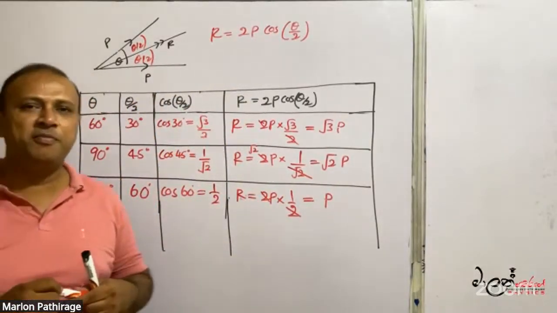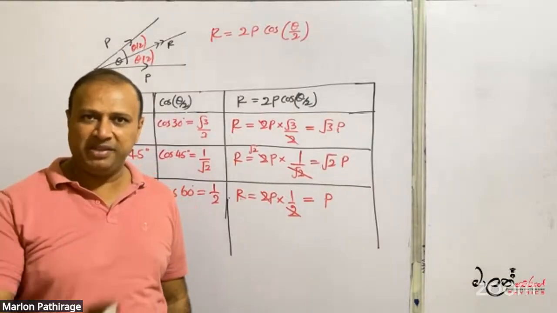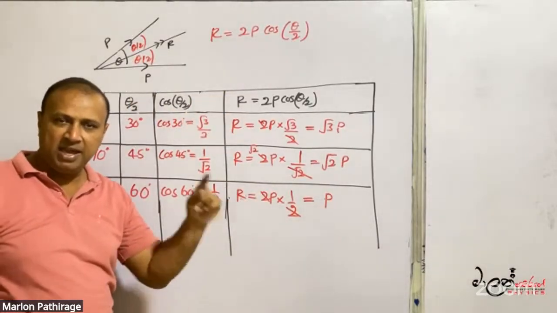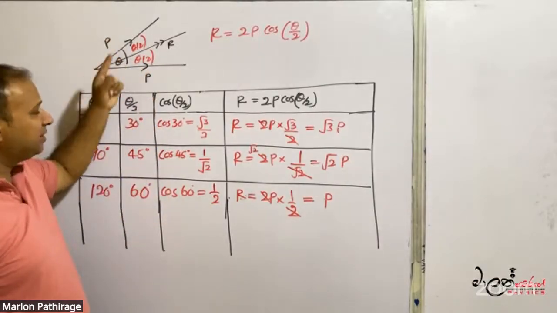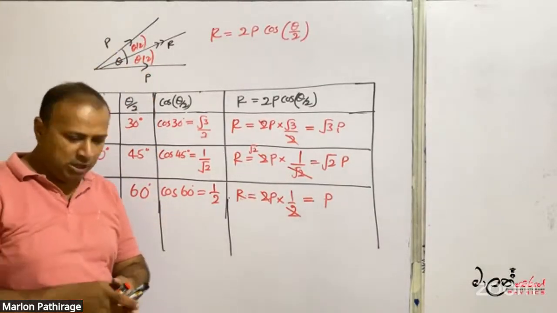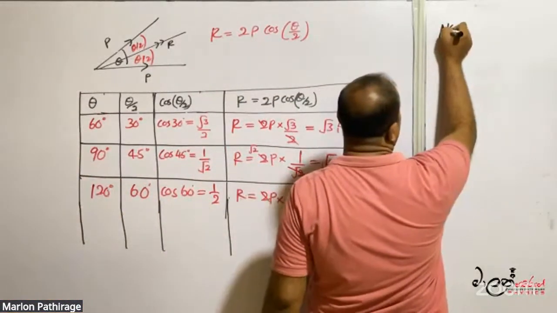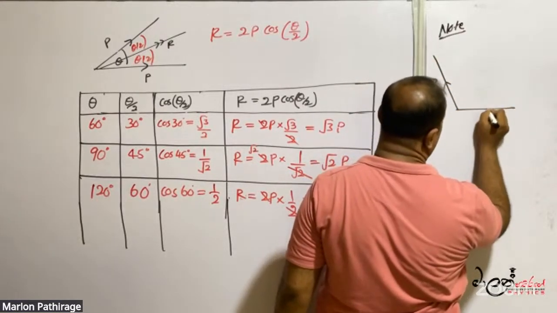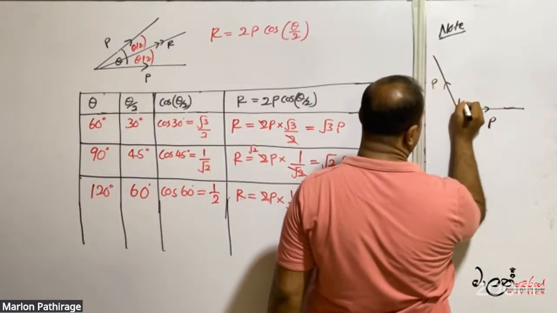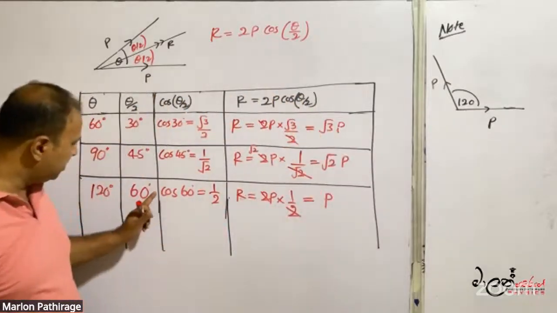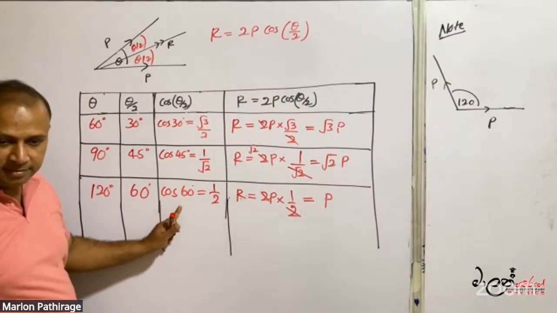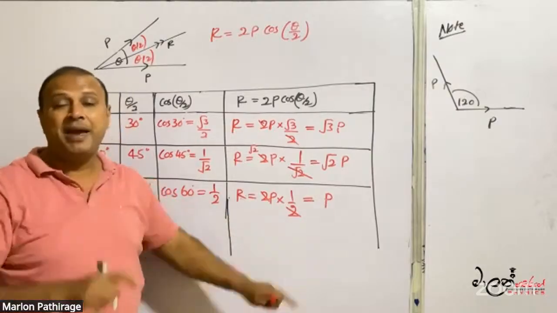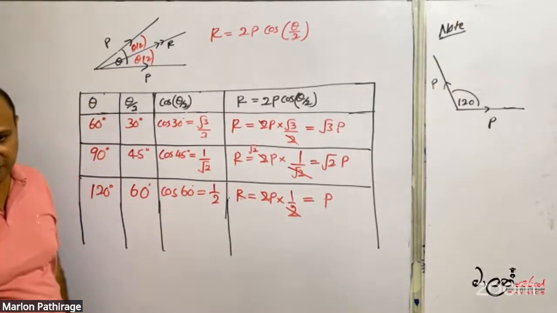This is a very, very important scenario. That means when the angle is 120, and if two vectors are equal in magnitude and the angle between them is 120, then the resultant force is equal to the magnitude of one force.